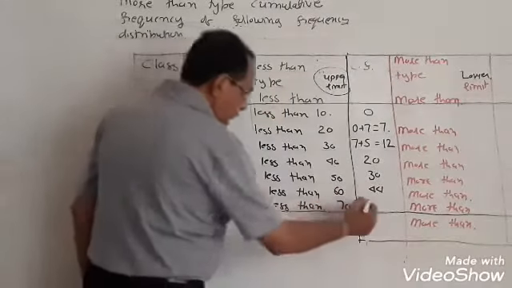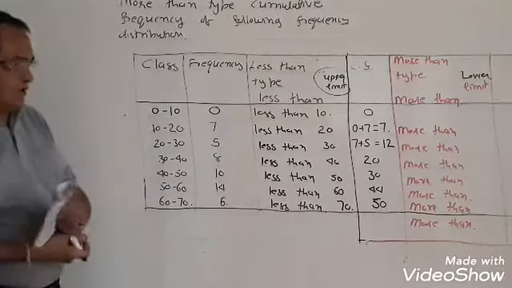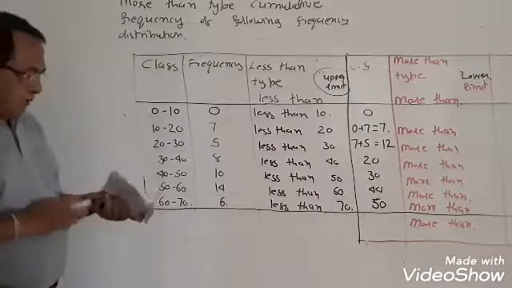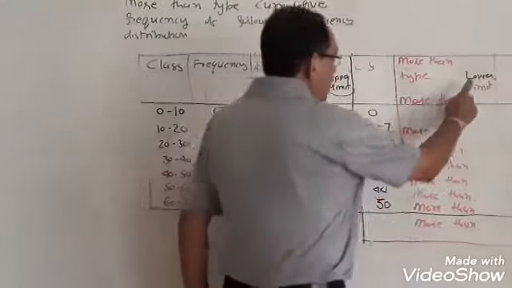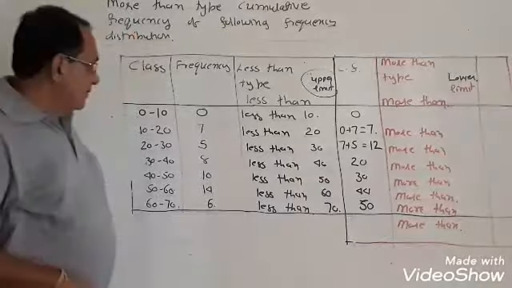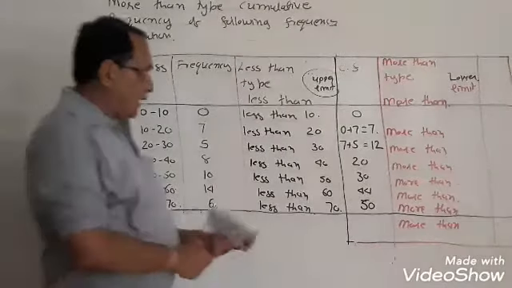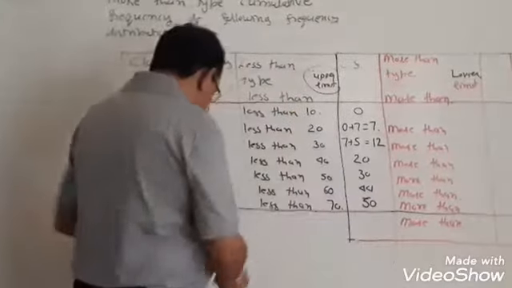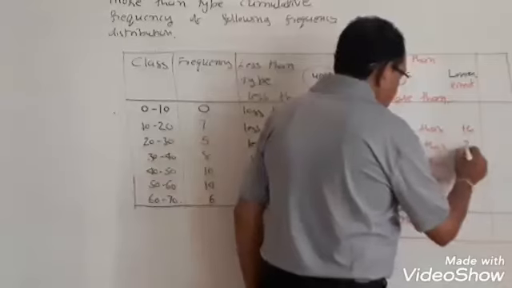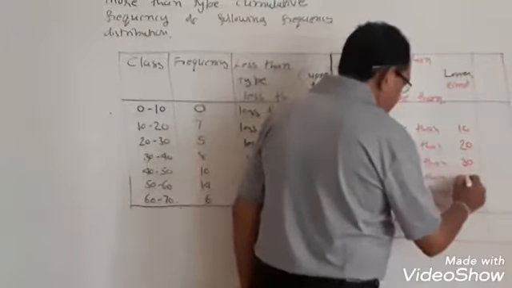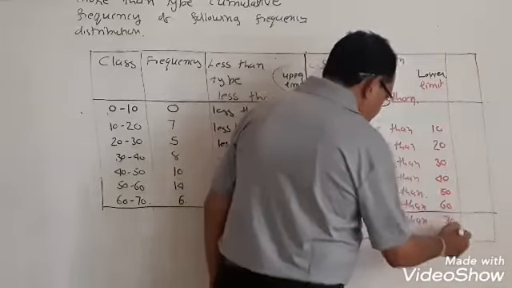44 plus 6, 50. We have seen in many sums how to find this. Now be careful. In more than type, you have to take the lower limit of the class. In 10 to 20 the lower limit is 10, so I will write here 10, 20, 30, 40, 50, 60 and 70.